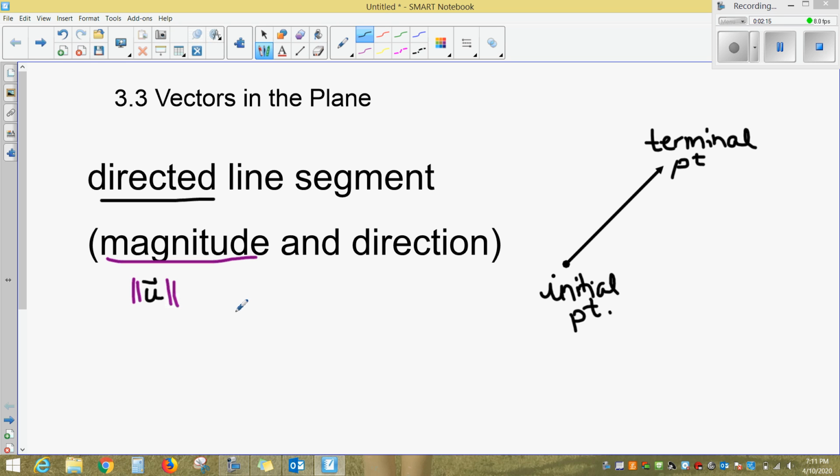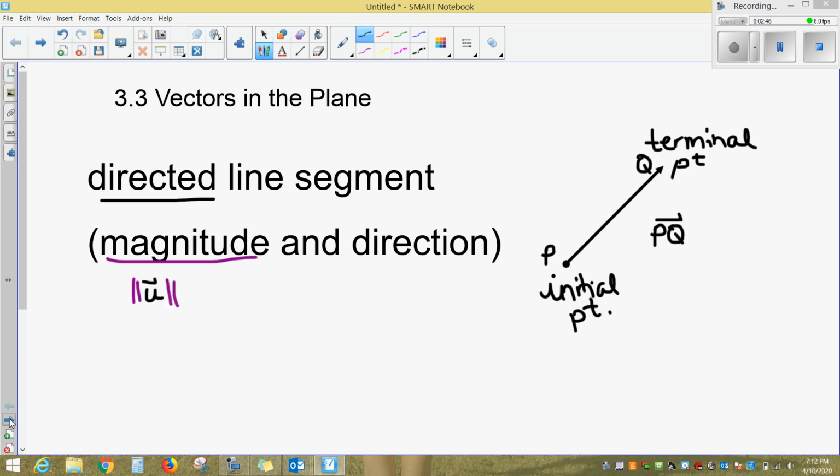Because I can't draw boldface on my paper, I can draw the little vector arrow over the top. Or if I know my initial point and terminal point, we can name the vector PQ. PQ is different from QP. The first letter indicates my initial point, and the second indicates my terminal point.